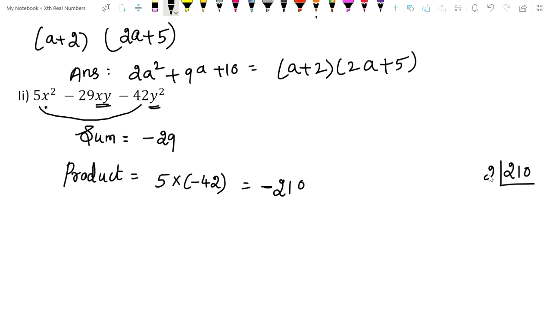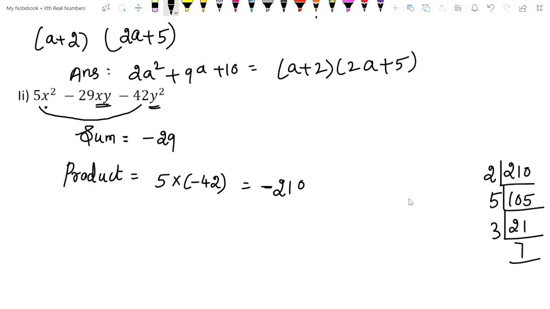This number is divided by 2. 10 2s are 20, 5 2s are 10. Then 5, 2 5s are 10, 5 1s are 5, 3, 7. So here the factors are 2, 5, 3, 7.